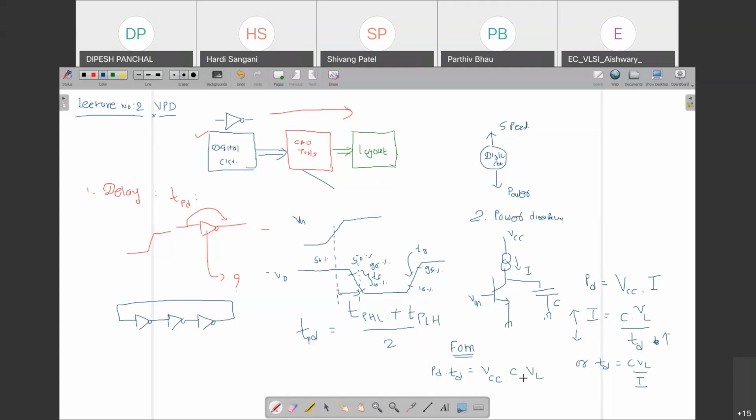So power into delay is called the power delay product. It's identified as a figure of merit, one more figure of merit, apart from individual power dissipation or individual delay. Is there any current term in this formula? No, sir. So power delay product is always constant.